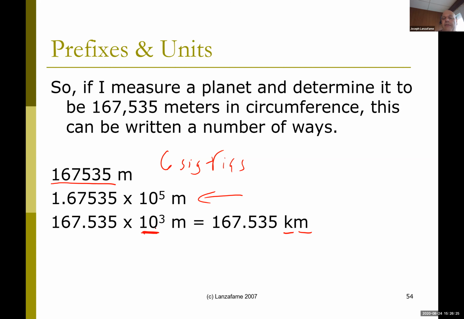Kilo means 10 to the third. And so essentially it's just moving the decimal point 3 decimal positions to the left, right? And if I wanted to, I could have gone even bigger, all the way to a megameter by moving it 6 decimal positions to the left, right?